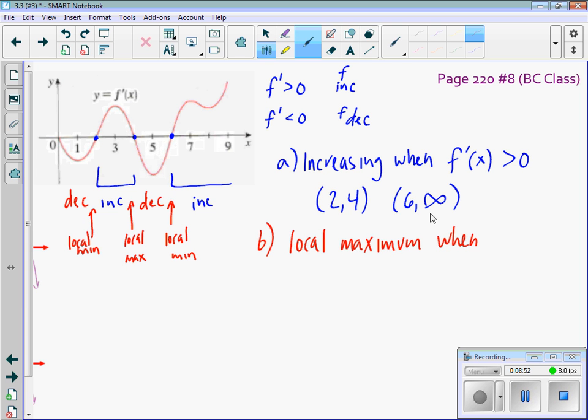So it's a local maximum when the derivative changes from positive to negative, or when the function changes from increasing to decreasing. Okay, and a lot of people mix those up, how they word that. So it's up to you. I'm going to say local maximum when f prime of x changes, because that's what I'm given the graph of. But it's up to you which way you want to go with that, from positive to negative.